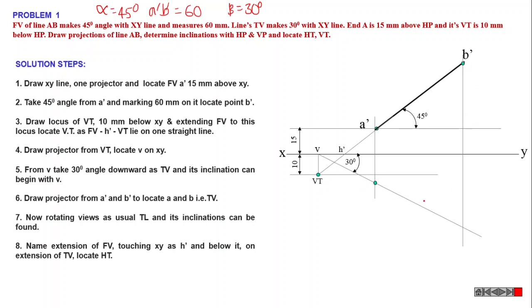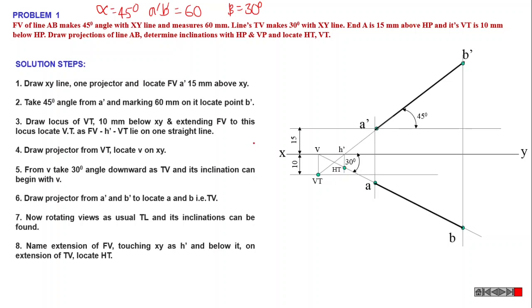Then we can easily locate the top view AB. Then by drawing a projection line passing through H dash, it will meet the locus of top view at a particular point, and that particular point will become HT.